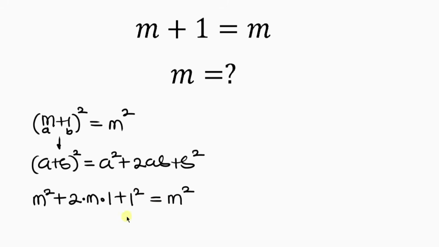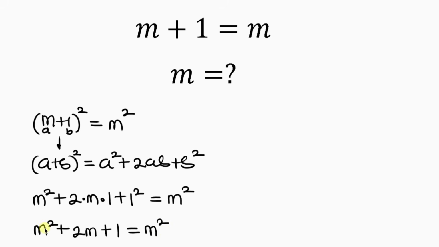Now simplifying the left-hand side, we have m squared plus 2 times m times 1 is 2m, plus 1 squared is 1. And this is equal to m squared. Now notice that m squared is on the left-hand side and it is also on the right.